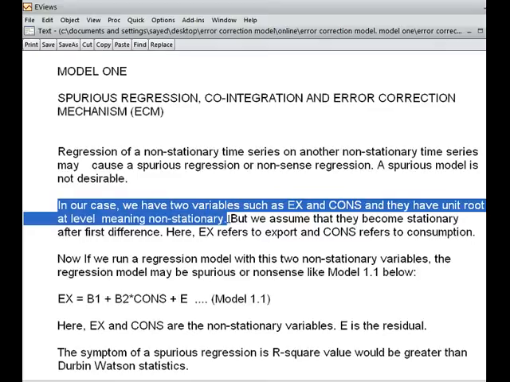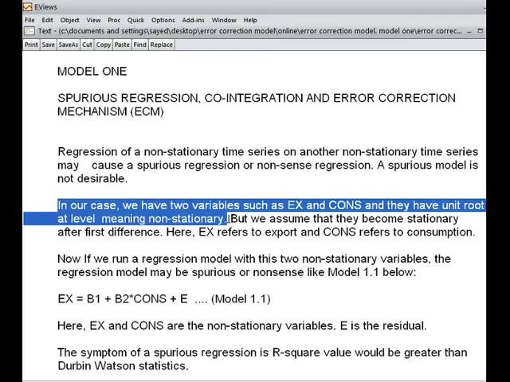So what is happening here? We have two variables such as ex and cons, but we assume that they have unit root at level, or these two variables are non-stationary.